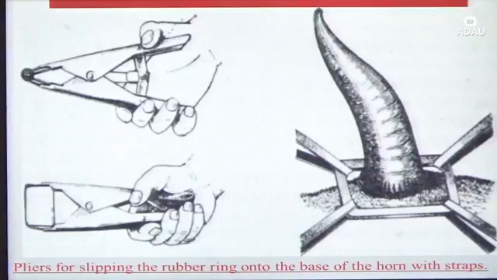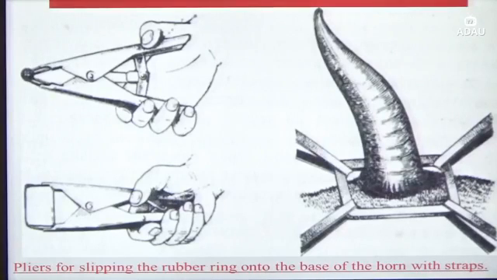And here we can see pliers for slipping the rubber ring onto the base of the horn. When we apply the rubber ring to the cattle, after some minutes we can see these places turn a light brown color. After that the horn is removed.